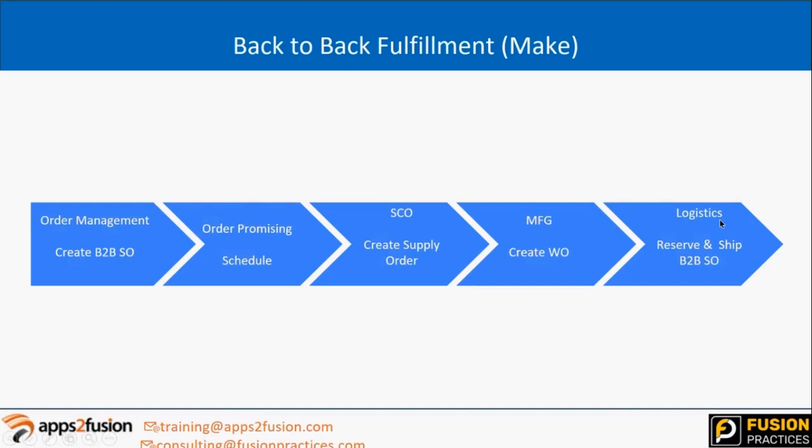A quick question on this. Based on whether it's a make item or buy item, that's what decides whether it's a create supply order or create a work order. Correct, that and your sourcing rule. If it can be done in both ways, can we define it based on a work order, outside of the sourcing rules?